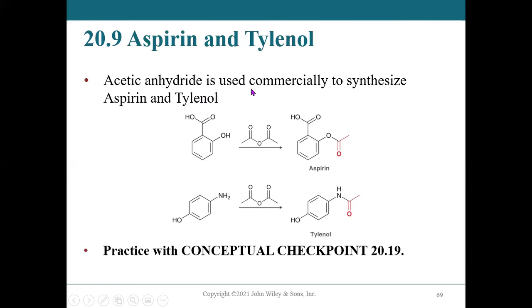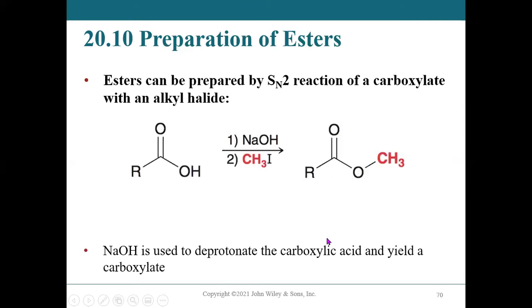Acetic anhydride is used commercially to synthesize aspirin and Tylenol. Now here is using the acetic anhydride to make aspirin, and this second reaction is using acetic anhydride with p-aminophenol to produce acetaminophen, or Tylenol. Ester can be prepared by SN2 reaction of carboxylate with an alkyl halide.